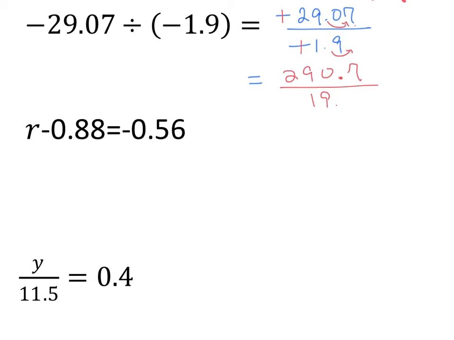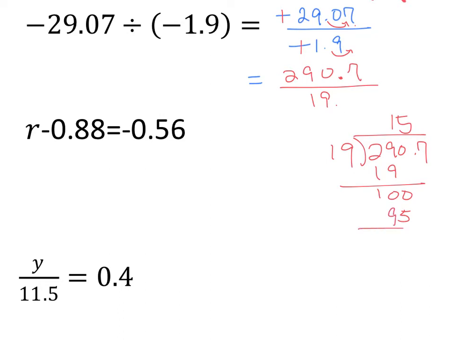And then we can do the math. So 19, 1, and 5, 95, and 57. Remember, you got a decimal here. So, get 3. 15.3 would be your answer.